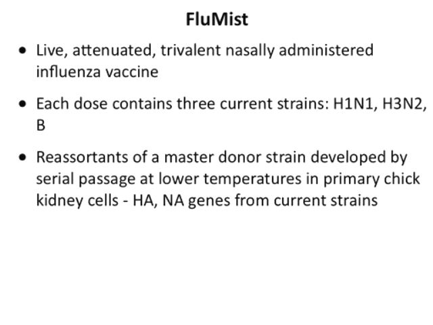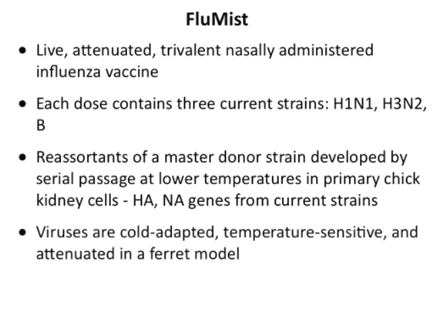And that's used to make a reassortant with the currently circulating strains. So we have the surface antigen that's relevant, and then all the other genes inside that confer attenuation. So these donor strains are cold adapted, temperature sensitive, and attenuated. So they have mutations conferring 3 different characters.